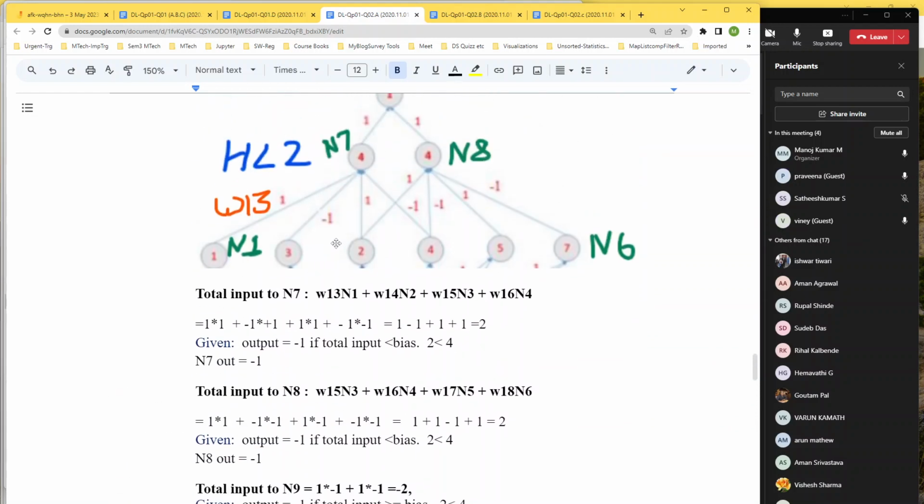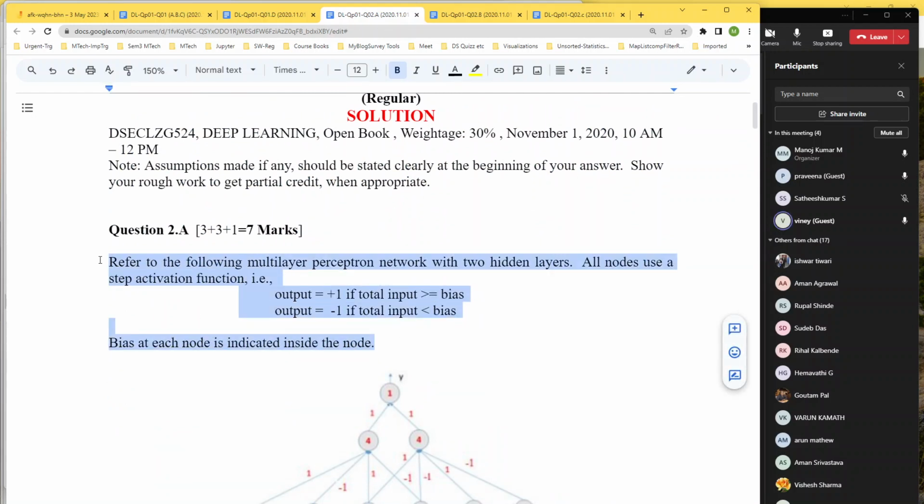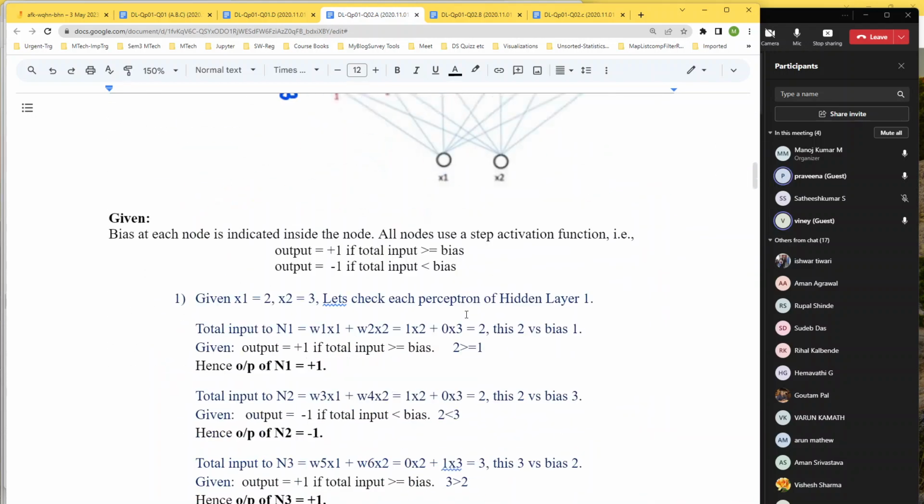So this calculation is understood, everyone? I will just have a look at it after. I have not seen the second question. I just looked at the first question. Now only I'm seeing it, so I will check the calculation.